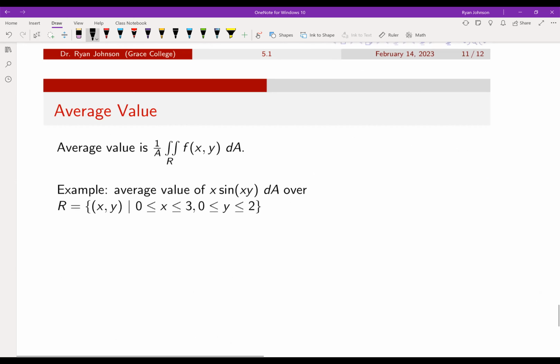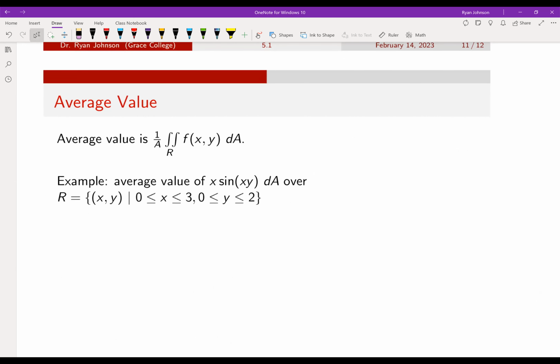Okay, now our last thing is average value. In calculus 1, or maybe we did this in the beginning of calculus 2, whichever, it was either the end of calc 1 or the beginning of calc 2, we covered average value. So if your function's doing something crazy, you can find the average value by finding the area under the curve.